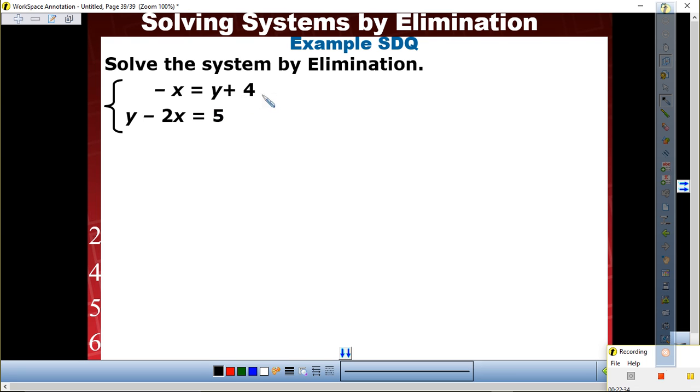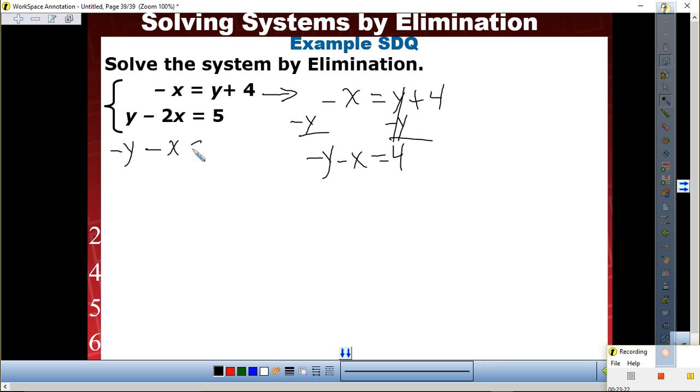So that means I need to take this equation and do what, Gloria? Subtract y, subtract y. We end up with negative y minus x equals 4. I write that here. Negative y minus x equals 4. Do you know what to do from there? Yes, copy that and finish up, please. Go.